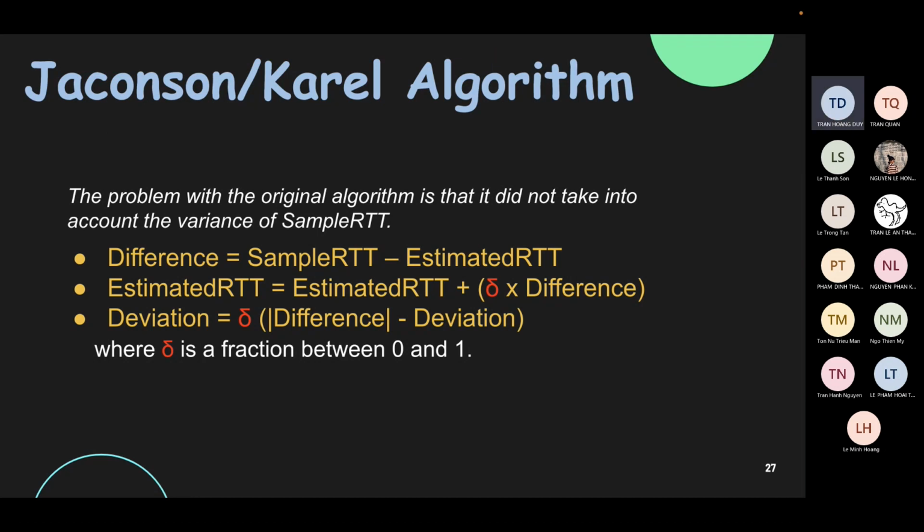Difference = SampleRTT - EstimatedRTT, and EstimatedRTT = EstimatedRTT + (delta * Difference), and Deviation = Deviation + delta * (|Difference| - Deviation), where delta is a fraction between 0 and 1.